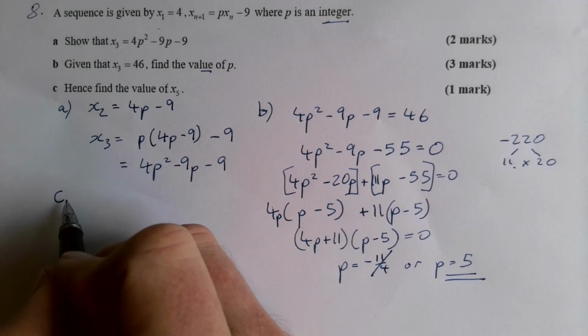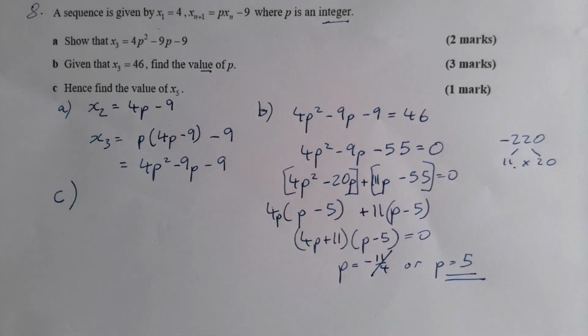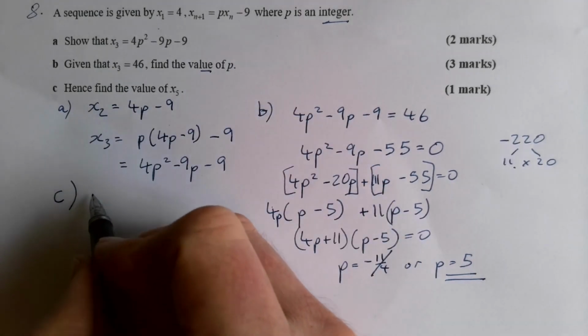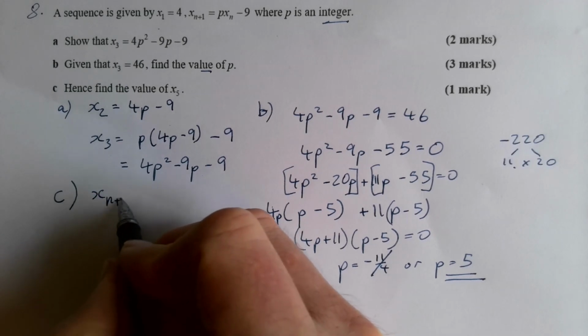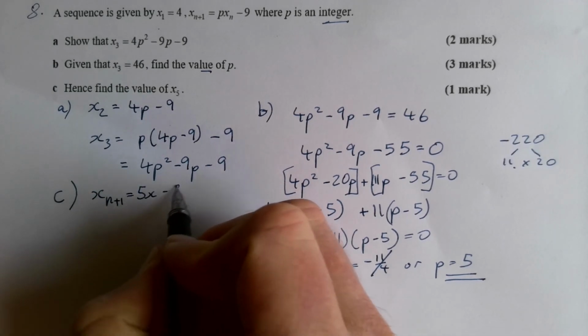And then all we've got to do is find the value of x to the power 5. So we know now that x to the n plus 1 is 5x take 9.